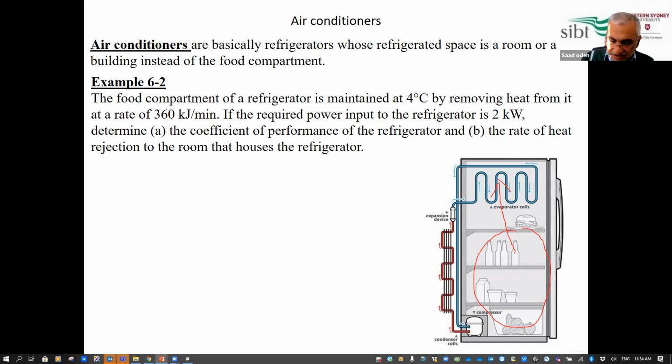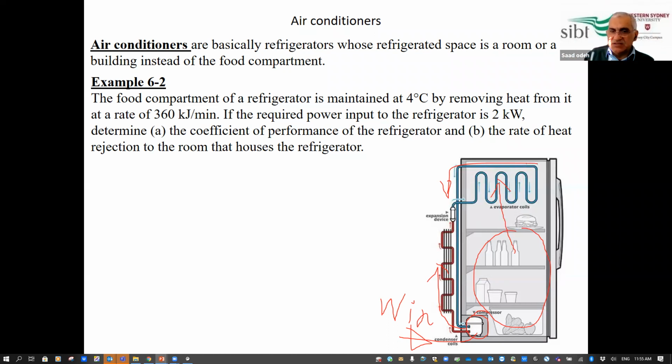The heat is transferred to the refrigerant, and the refrigerant takes the heat down to a compressor. This is the compressor that requires electricity. This is the work input here. We need work input to operate the compressor, and then the compressor compresses the refrigerant into a condenser. In the old design of refrigerator, you can see this condenser like a black mesh of tubes at the back of the refrigerator.